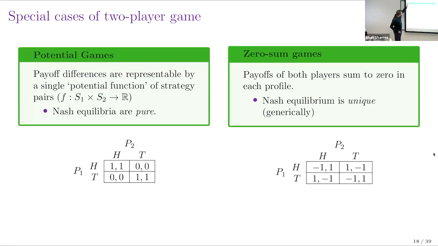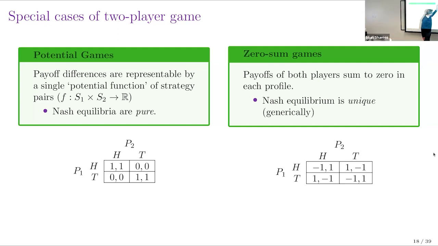Okay, so let's look at the special case of two-player games. We have potential games and zero-sum games. They are very famous families of games. In potential games, payoff differences are representable by a single potential function of the strategy. The potential function satisfies everything that we know about potential functions. And the Nash equilibria that we get in a potential game are always pure.